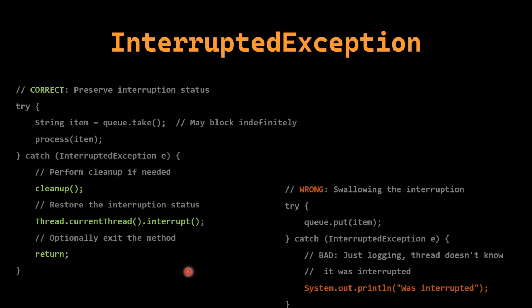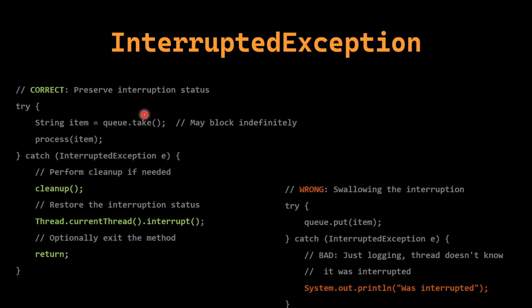This occurs when a thread is waiting on a put method or a take method and another thread interrupts it using the interrupt method. Proper handling of interrupted exception is crucial for responsive applications that need to support cancellation and shutdown. Let's examine the correct way to handle interruptions.